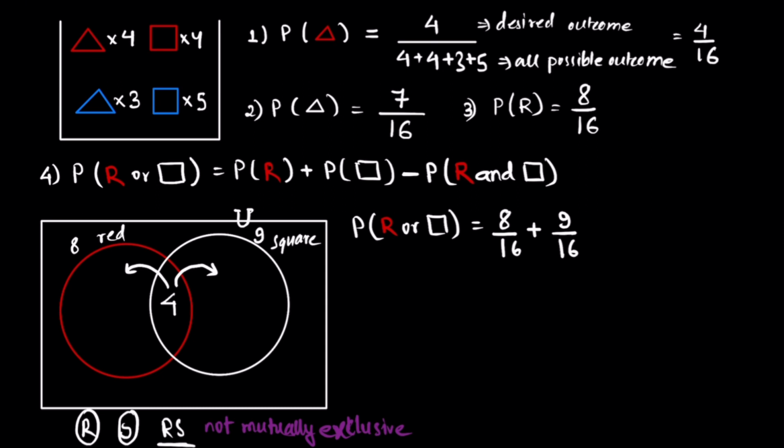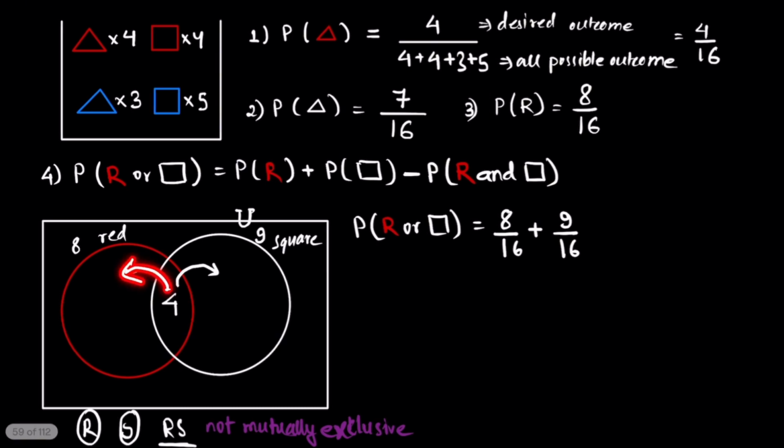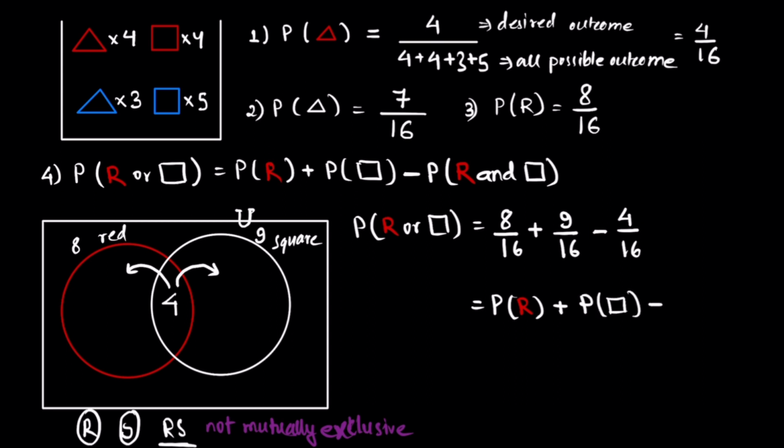But then there's also the probability of getting red square, which has been added twice, in red as well as in square. So you need to remove it once. So the probability of getting red square is 4 by 16. Again, this is the probability of getting red, this is the probability of getting square, and this is the probability of getting red and a square.